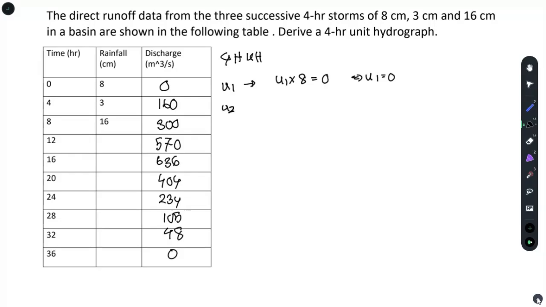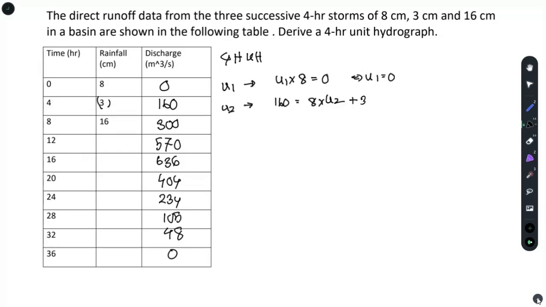Let's say we have U2, the rainfall in case of the 4 hour unit hydrograph. So how do we find this discharge? We get 160 for the rainfall of 8 centimeter, and for that we'll multiply it with U2 because for this hour U2 is happening. And at this time right over here you can see that 3 centimeter rainfall has occurred.